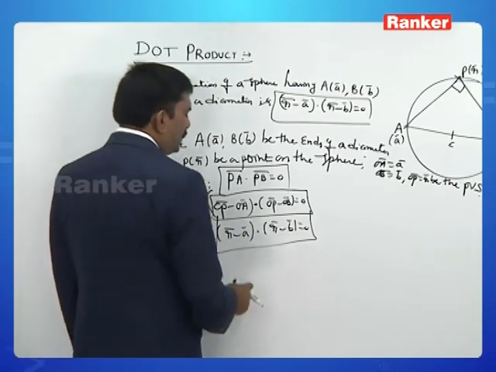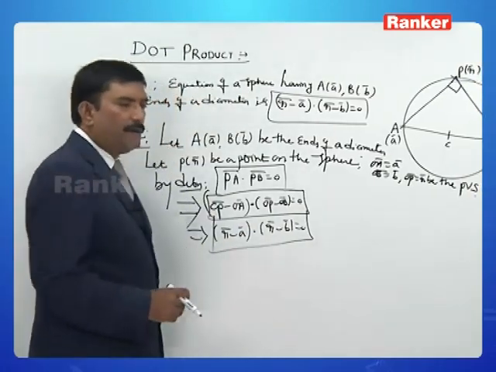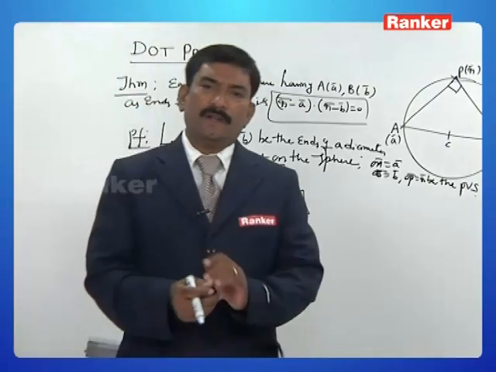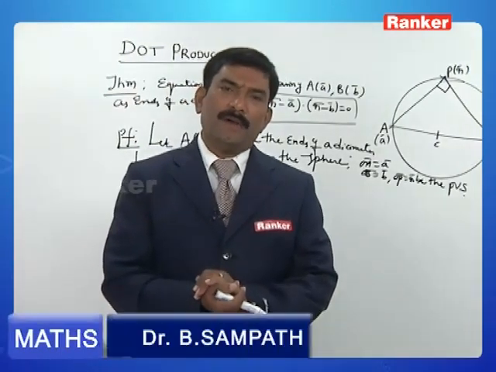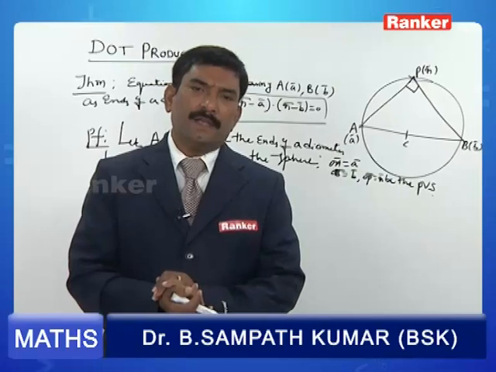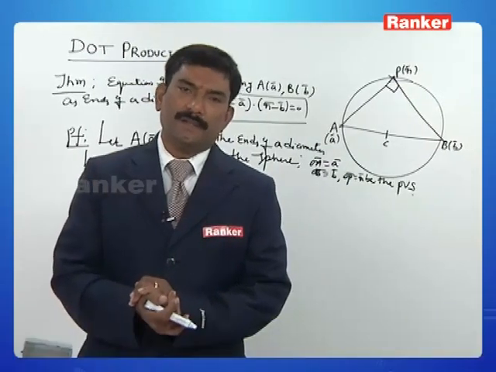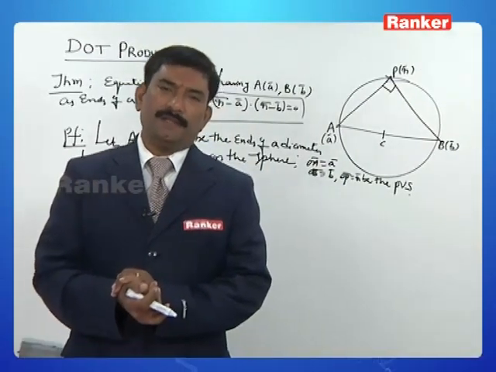This represents the vector equation of a sphere having a bar and b bar as ends of the diameter.